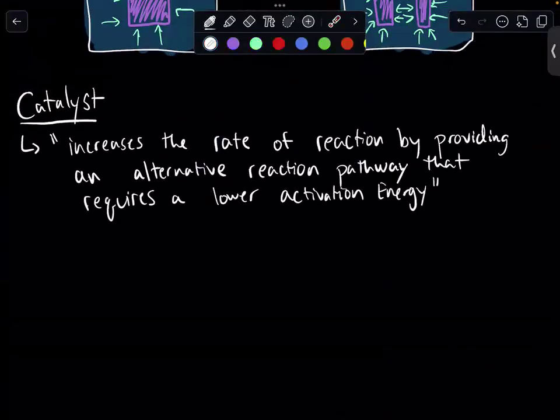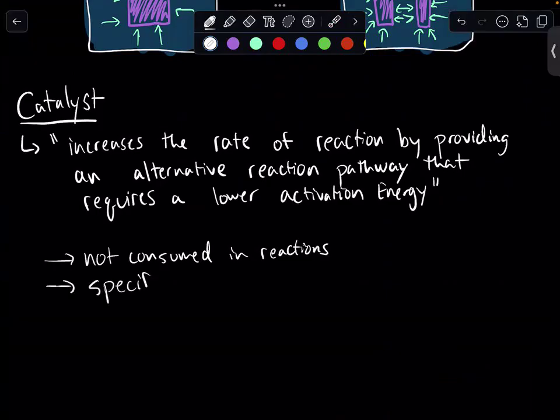There are a couple key things we need to know about catalysts. The first is they are not consumed in reactions. Furthermore, catalysts are specific, meaning each reaction could have its own specific catalyst.